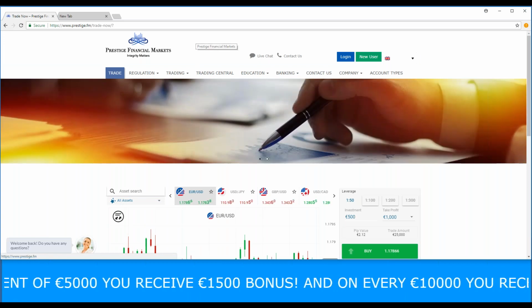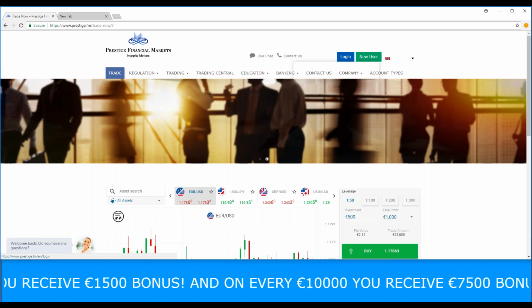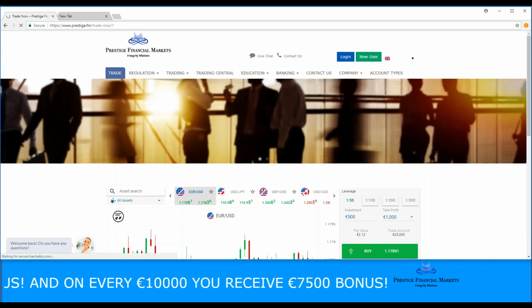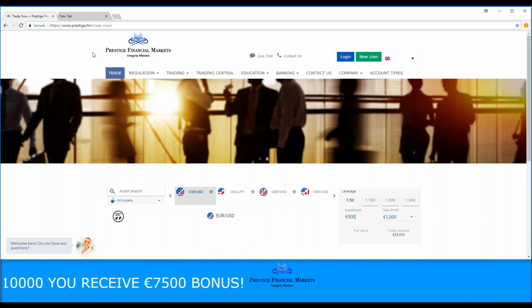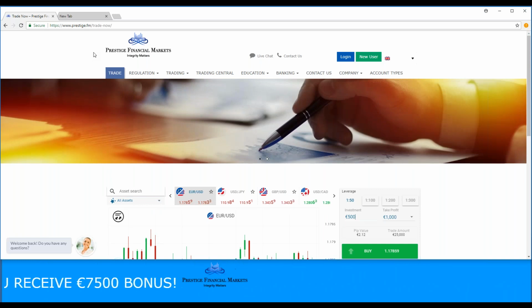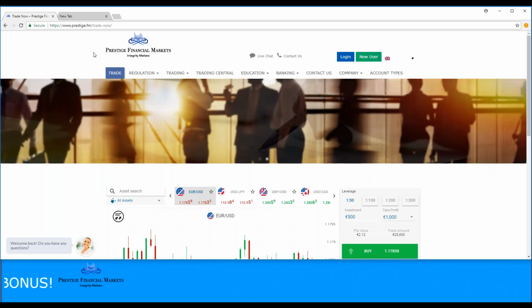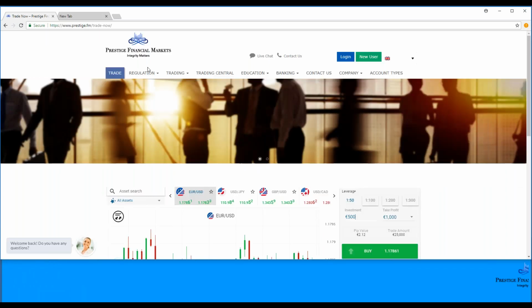Of course, under the login section, you will enter your data and log in. After that, you will have access to your account. And you can see that it is a really nice design.